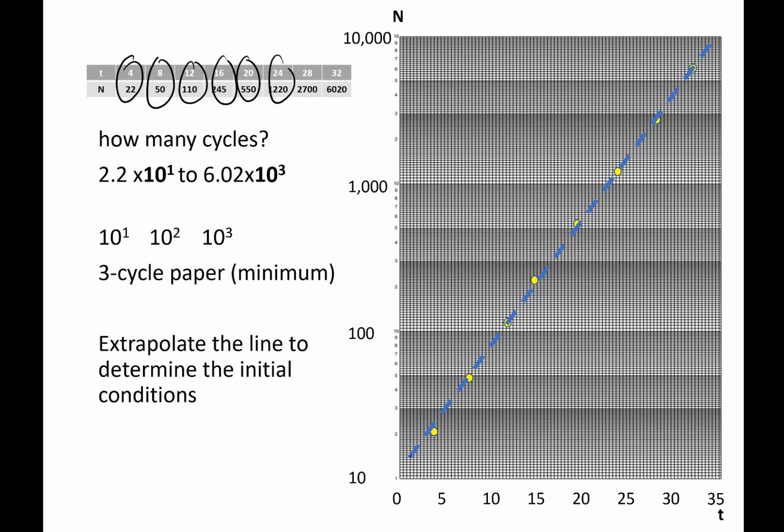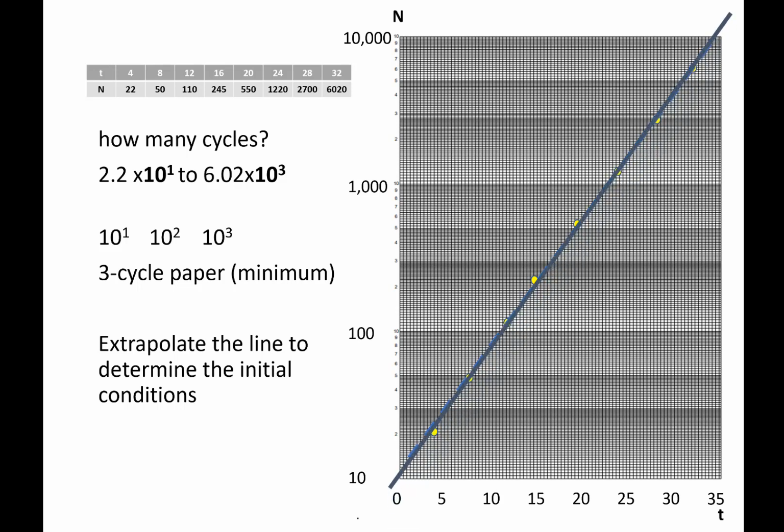So extrapolate the line just literally means get a ruler and find out more than you have from your data set up here. So we're saying, well, what happened at t is equal to 0? We've no information about that from our table, but we can use extrapolation to figure that out.